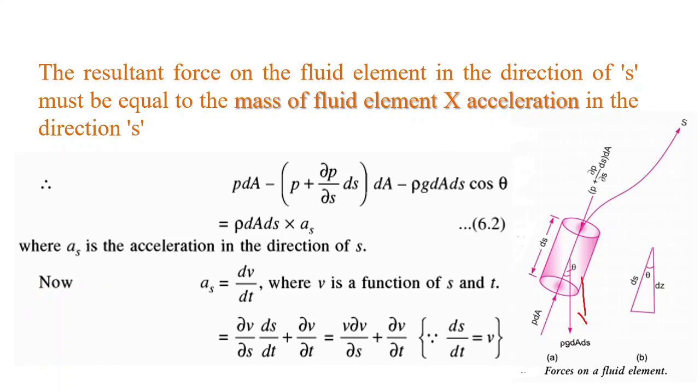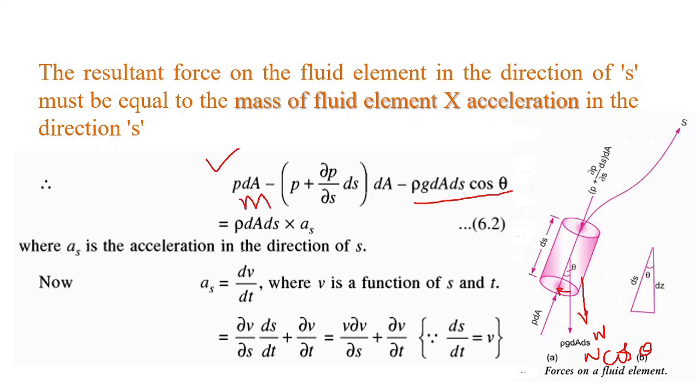This weight is pointing downwards, so we want this weight to be shifted here. So what we can do? It is nothing but W cos theta, so this is rho g dA into ds into cos theta, which is equal to mass into acceleration. Clear?